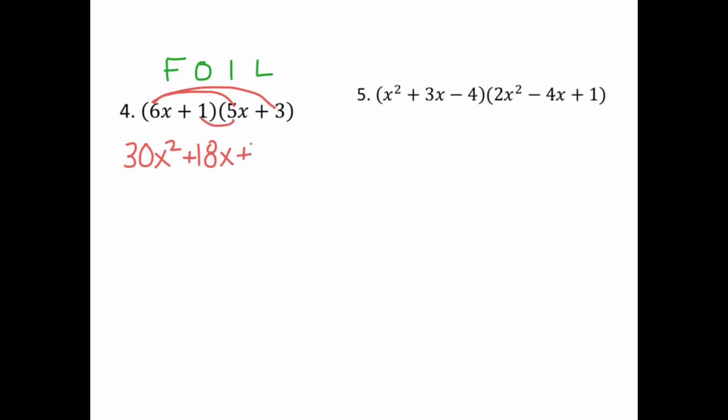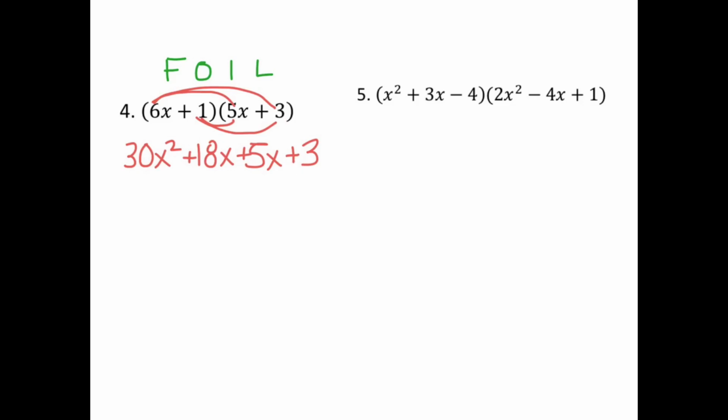Sometimes people like to put the second round of distribution, those arches, on the bottom. You certainly have that possibility if you'd like. So when I do that, I have 6x times 5x to get 30x squared because I'm adding exponents together because I am multiplying the same base. 6x times 3 is 18x. 1 times 5x is 5x, and 1 times 3 is 3.